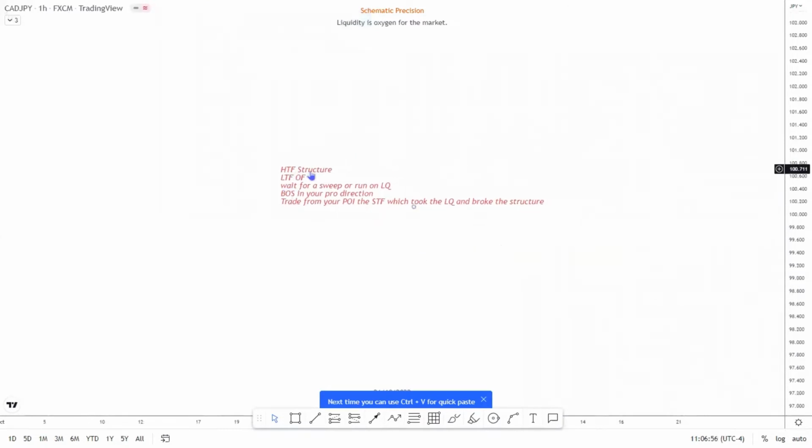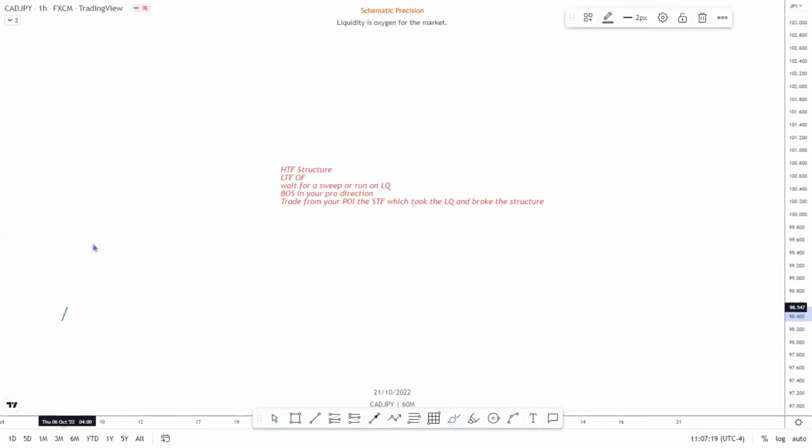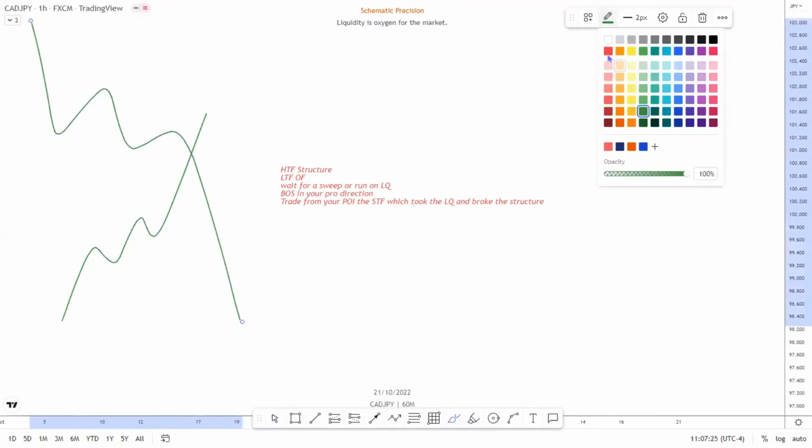What you need to see: high time frame structure, low time frame order flow. Then after you have marked all these and identified these things, wait for the sweep or the liquidity to be taken, which I showed you, the inducement on the lower time frame as well. Then break of structure in your pro trend. Like on 15-minute the price was bullish, but on the higher time frame we were bearish.